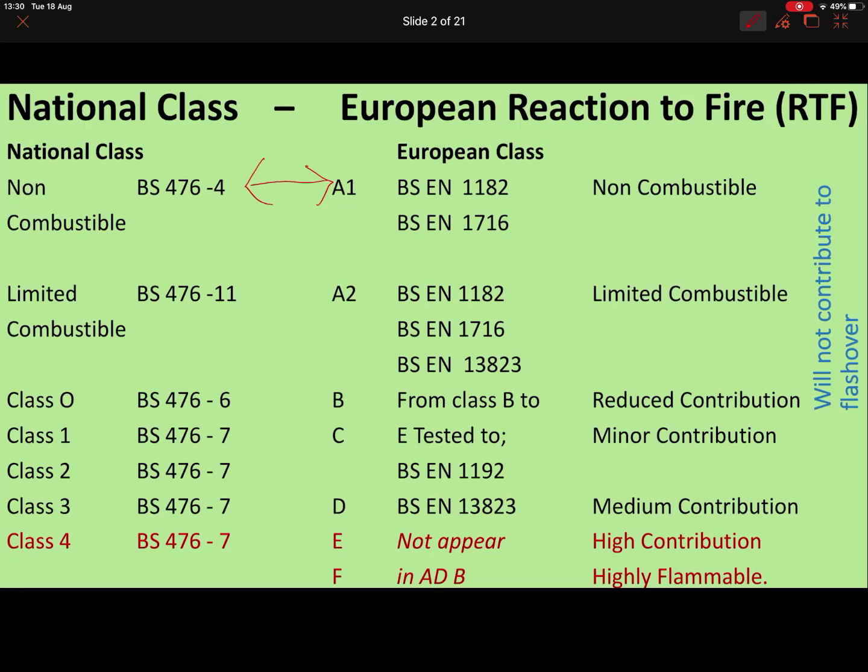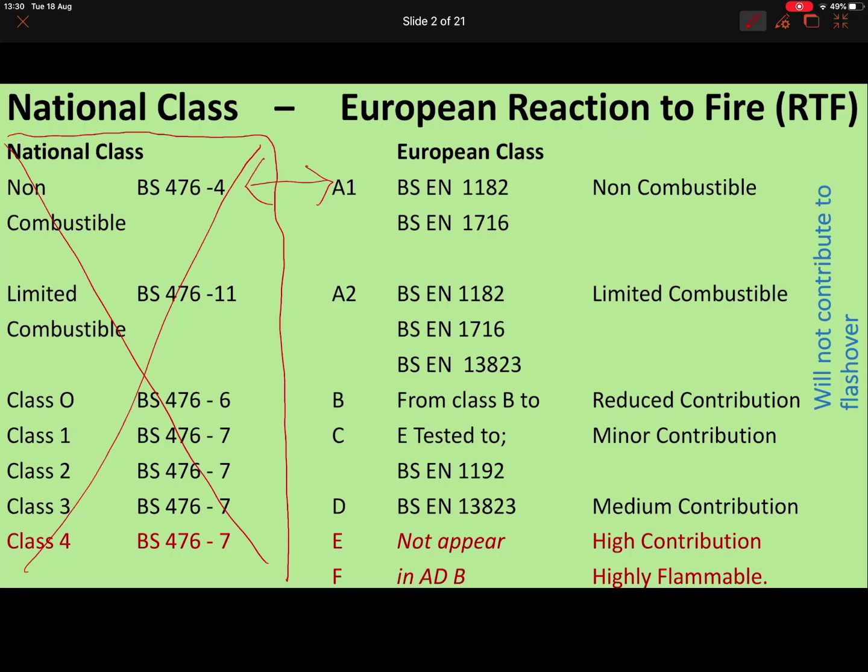That's incredibly similar to each other. But having said that, the national class in the new Approved Document has gone. So we don't have to worry about it anymore. So that simplifies the situation. It's been a problem for 15 years having to marry these two up.